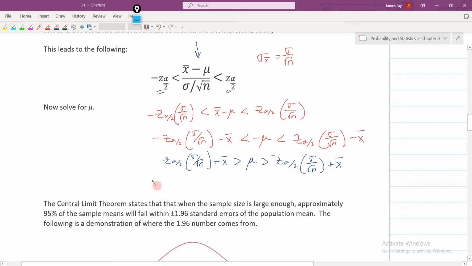So I'm going to write x bar minus z sub alpha over 2 sigma divided by radical n. Then I flip this, which gives me mu, and now this one comes last, so I'm going to write it as x bar plus z sub alpha over 2 sigma over radical n.